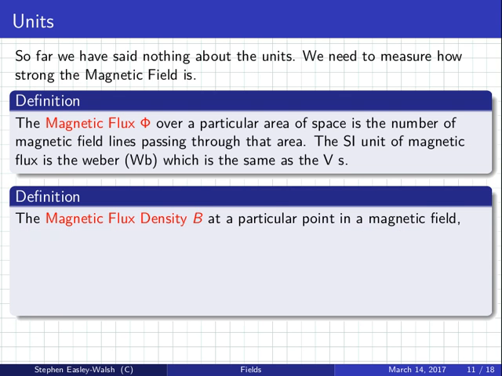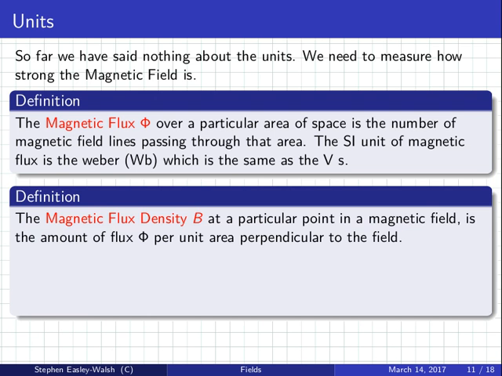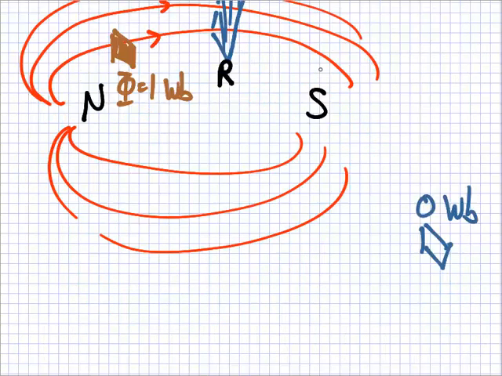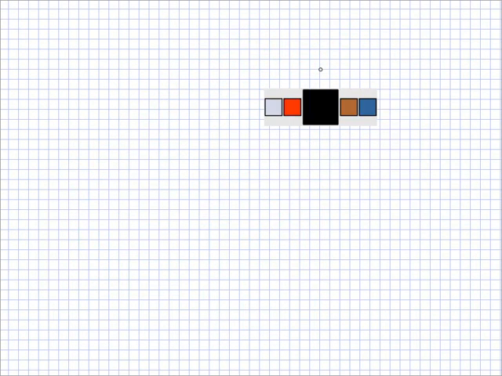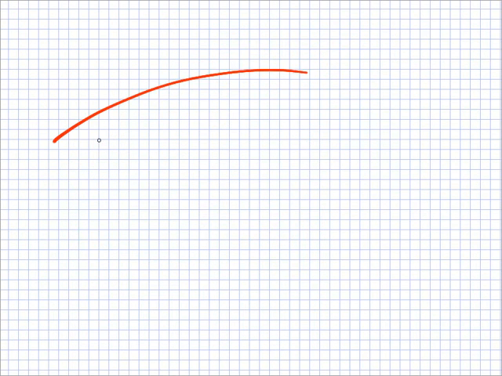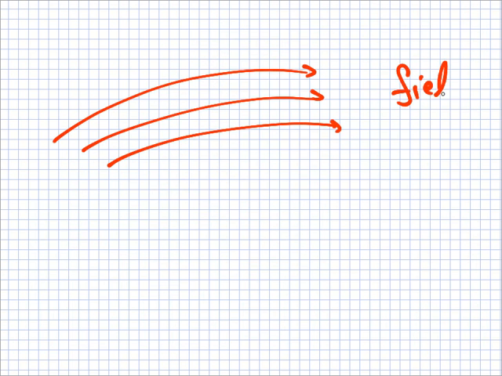The magnetic flux density, B, at a point in a magnetic field, is the amount of flux per unit area perpendicular to the field. So again, I'll try and draw this for you. We imagine that we have our magnetic field, and let's say this time we're only looking at a point.